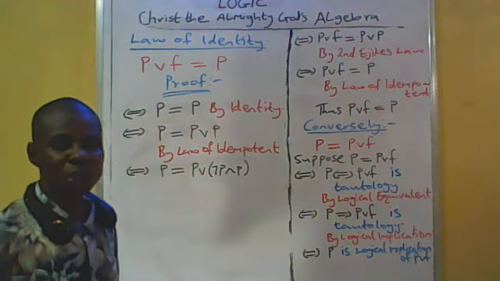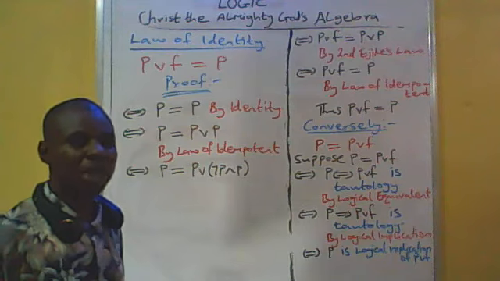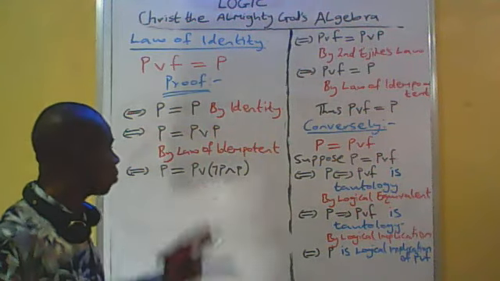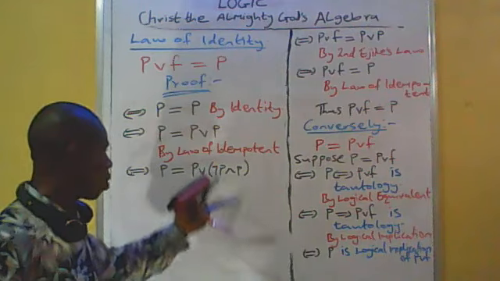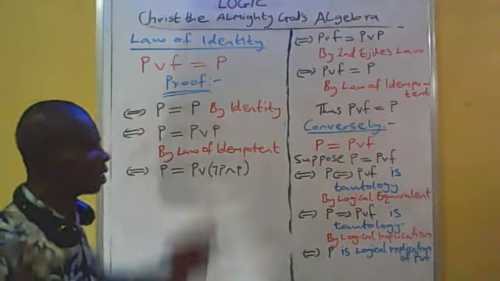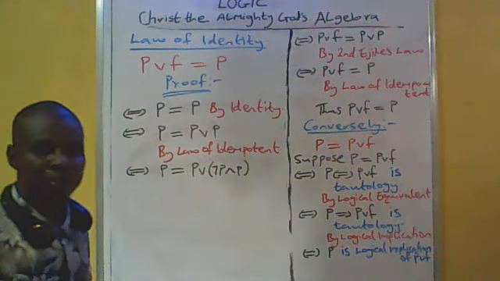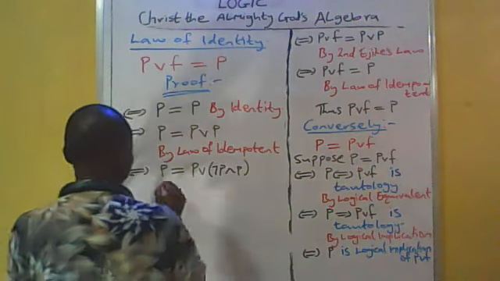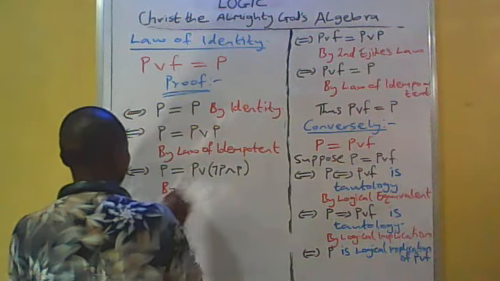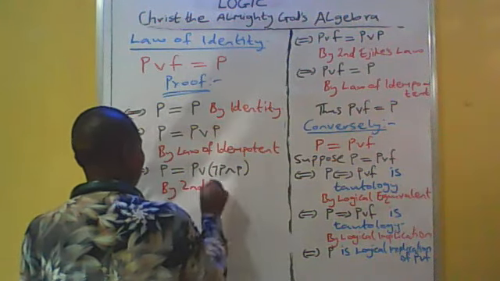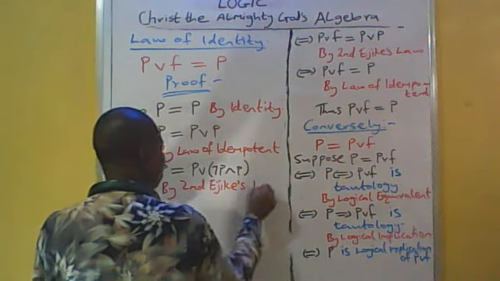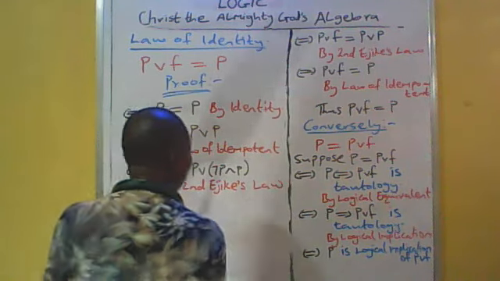That's why you should substitute P or P with P or bracket not P and P, being justified by second education law.